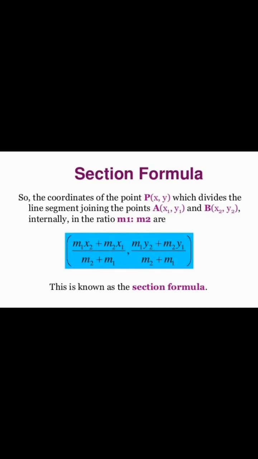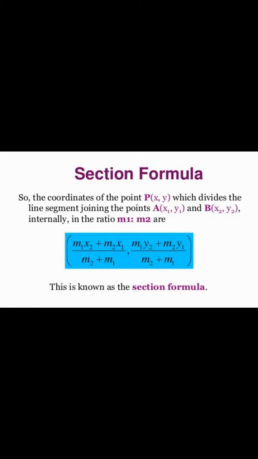So, the endpoints of the line segment, that is, if AB is a line segment, the coordinates of A and coordinates of B are the two measures. The third one is the coordinates of the point of division. If P is the point of division, that's the third measure. And the fourth one is the ratio of division.